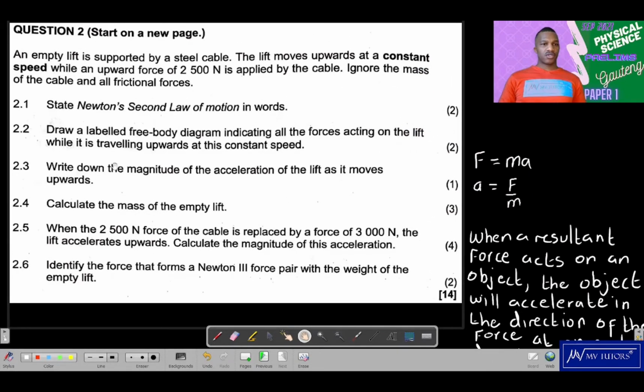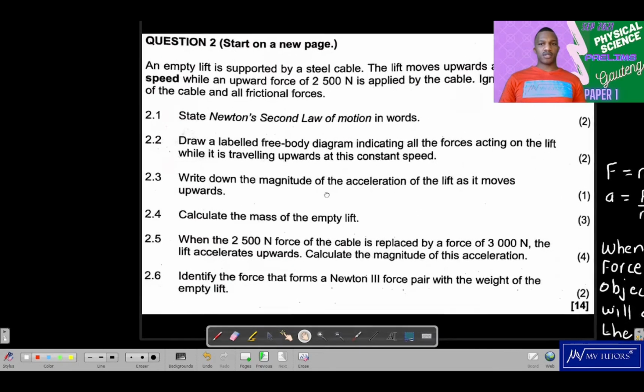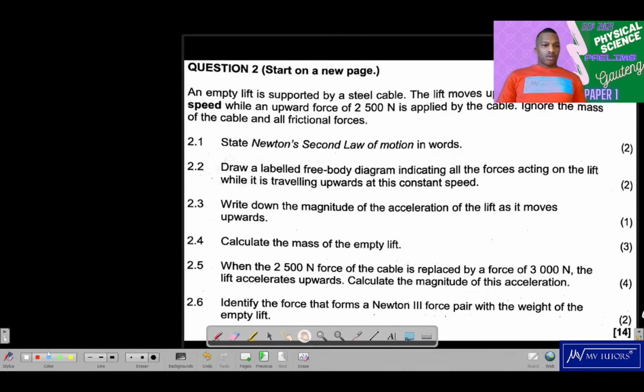It says draw a labelled free body diagram indicating all forces acting on the lift while it is traveling upwards at constant speed. Okay, it's not bad. So we are now on question 2.2 and we're going to draw this.